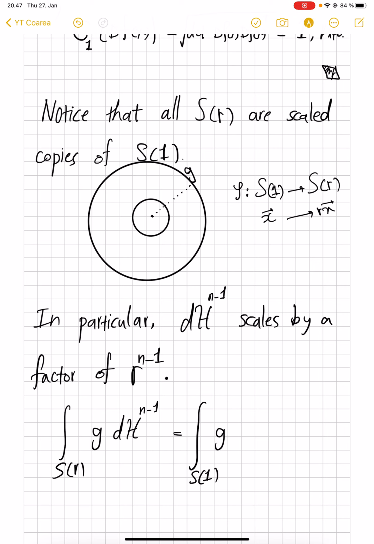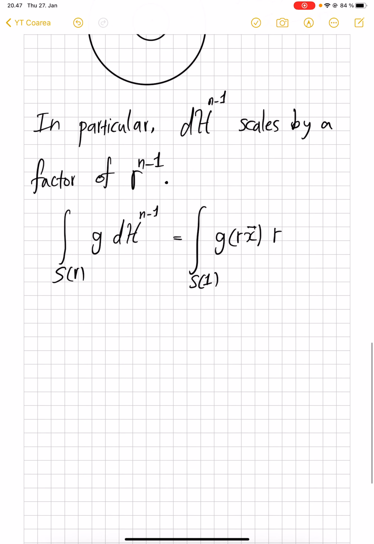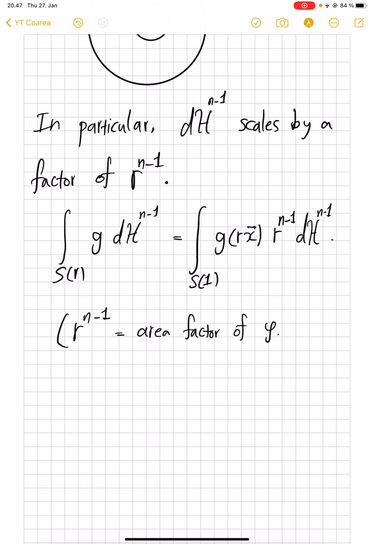So this will be g(rx), x being from the unit sphere, and then the scaling of the Hn-1 measure gives this much. So here r to the power n-1 is the area factor of the function phi, or rather its derivative.